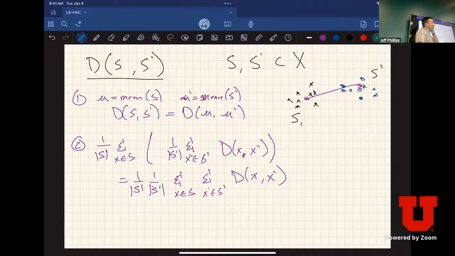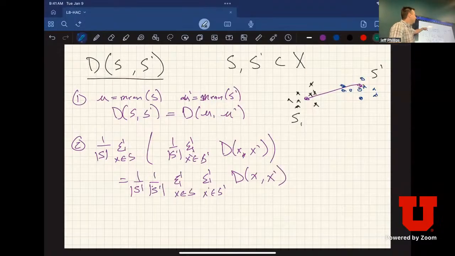But with median, I don't get this property. I could do something like find the point that minimizes the sum of the distances. This would be called the geometric median, and we'll talk about this next lecture.